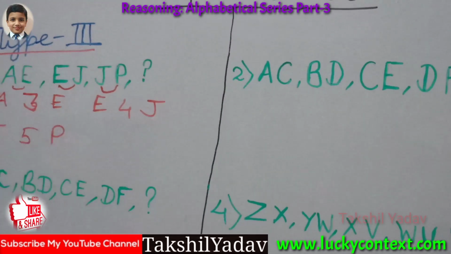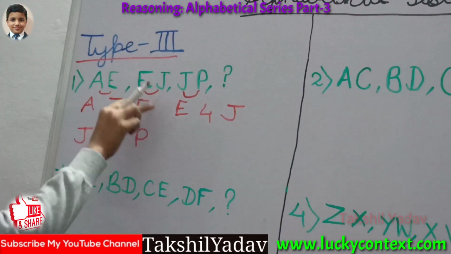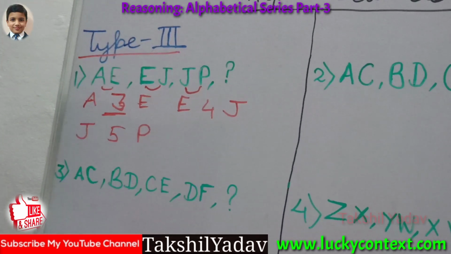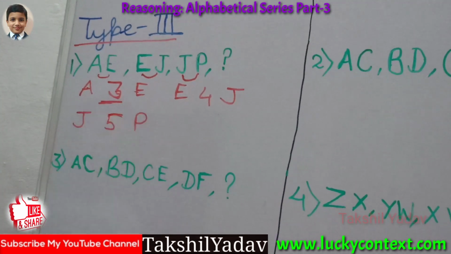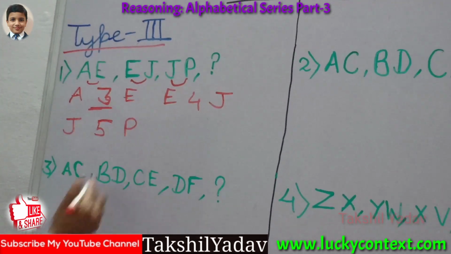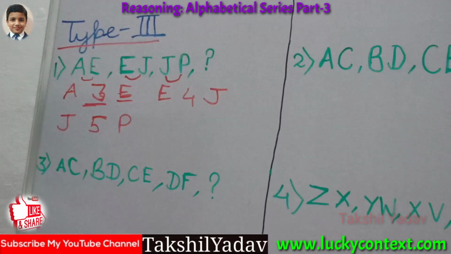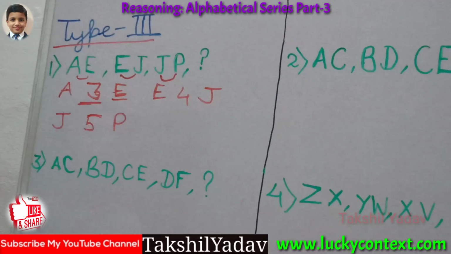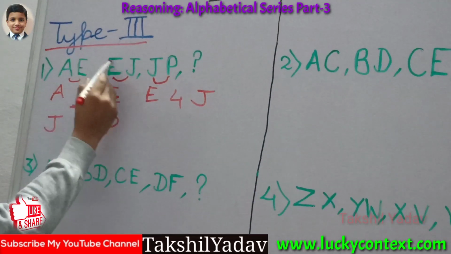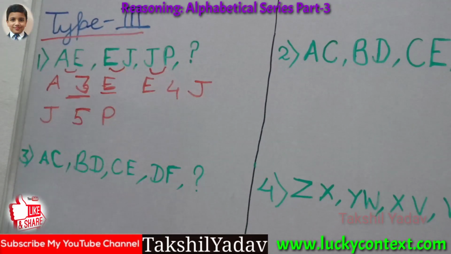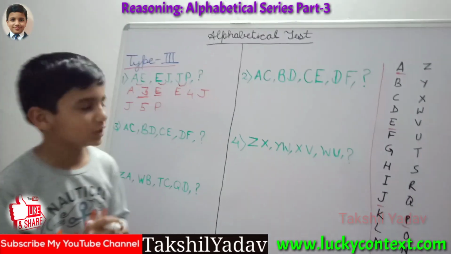So you can see that the number of letters between the 2 letters of the pair is constantly increasing by 1. Here 3 and here 4 and here 5. And the second thing to notice is that the second letter in the first pair is the first letter in the second pair. So P will be the first letter of the next pair.